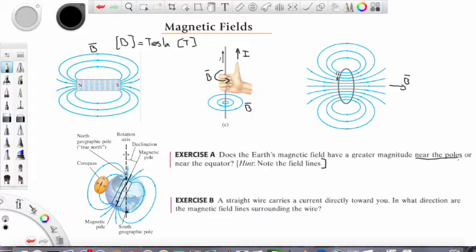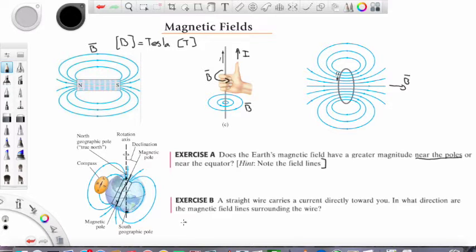So near the poles. And then in exercise B, a straight wire carries current directly toward you. In what direction are the magnetic field lines surrounding the wire? So there's a conductor pointing straight towards us from the screen.